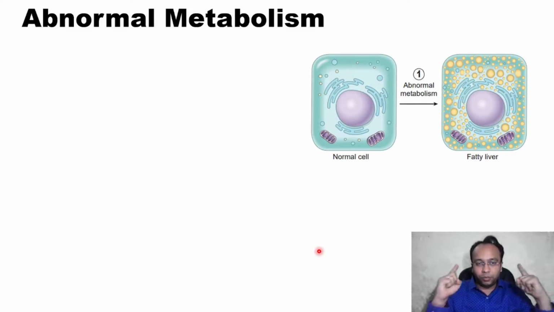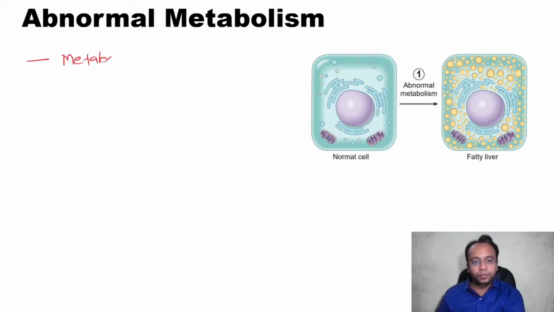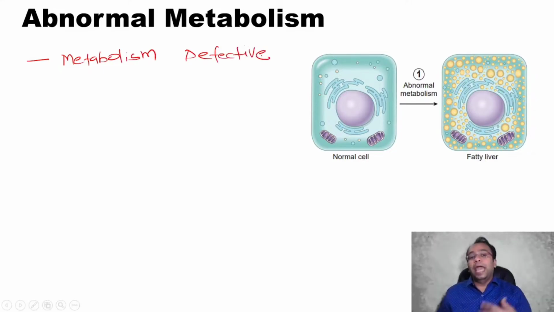So the first mechanism of the intracellular accumulation is abnormal metabolism. All right. The name itself suggests, here the metabolism is defective. The metabolism is not proper. Metabolism is defective. And that's why you can see that here there is a normal cell, right?